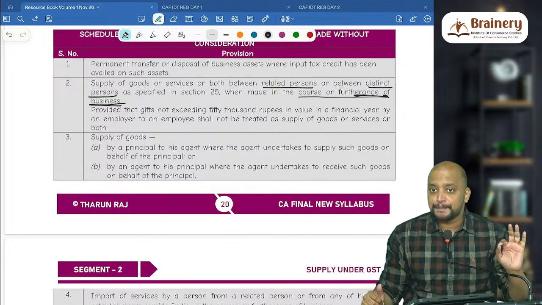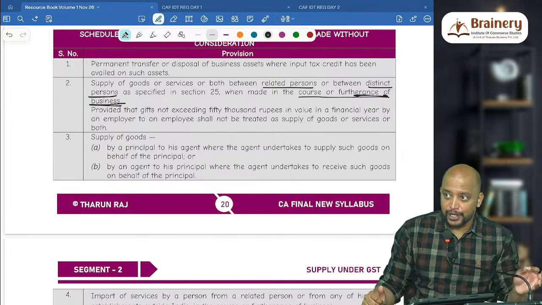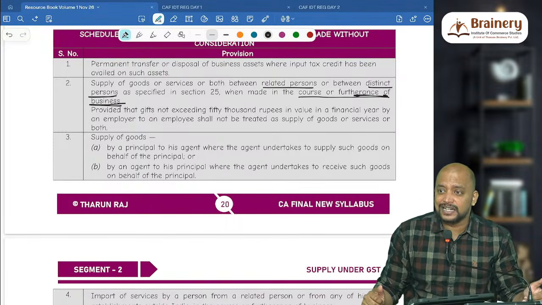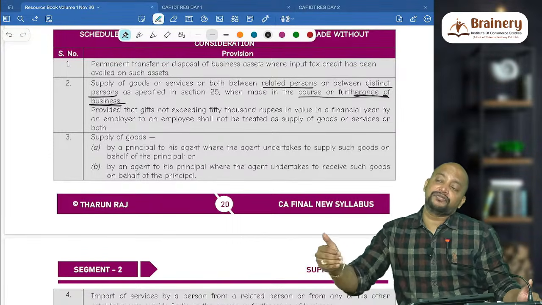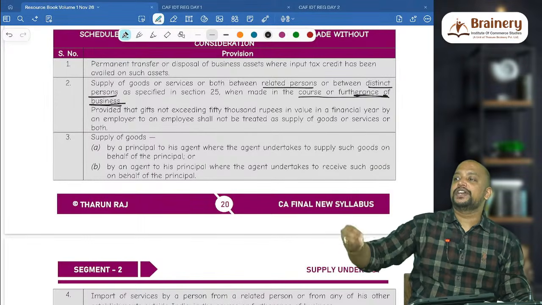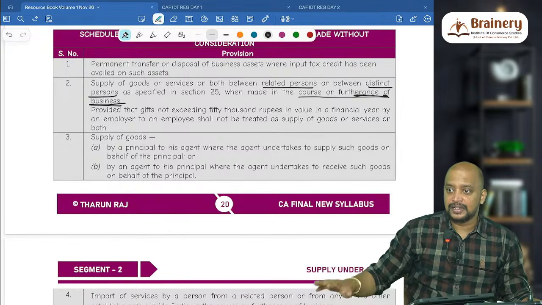If it is a gift by employer to employee, where the value of gift does not exceed 50,000. What if the value of gift exceeds 50,000? Say for example, employer gifts an iPhone to the employee which is 1 lakh rupees. Supply or not a supply? Supply.